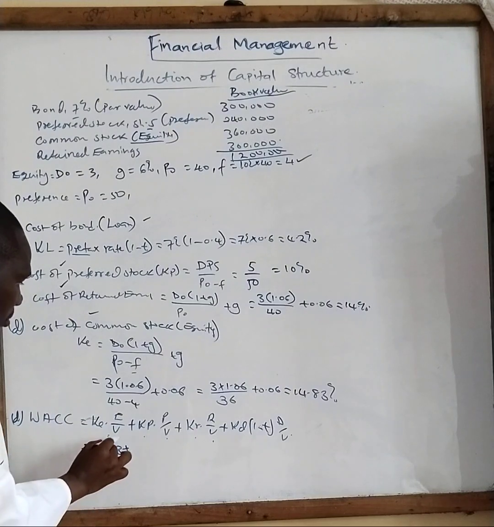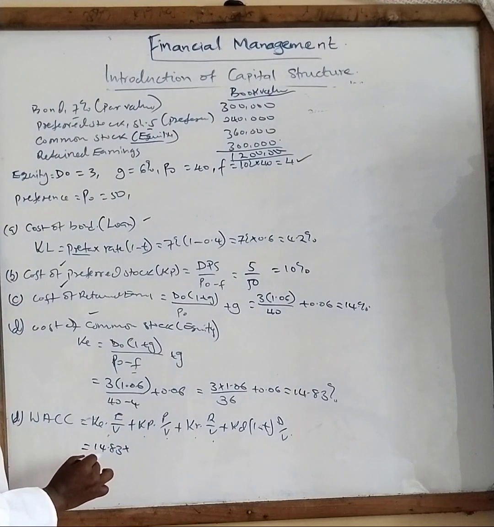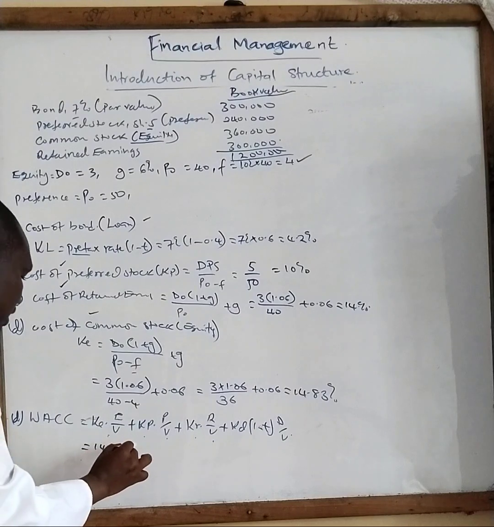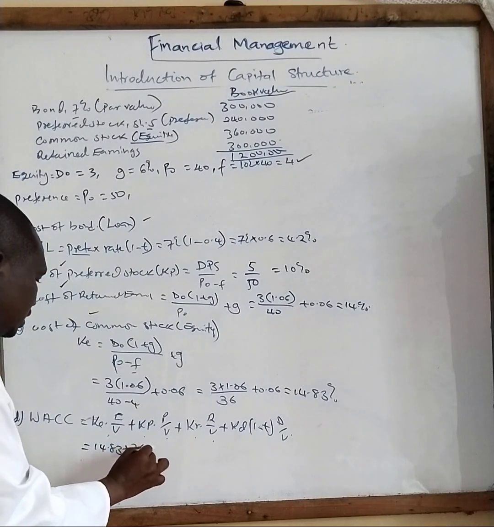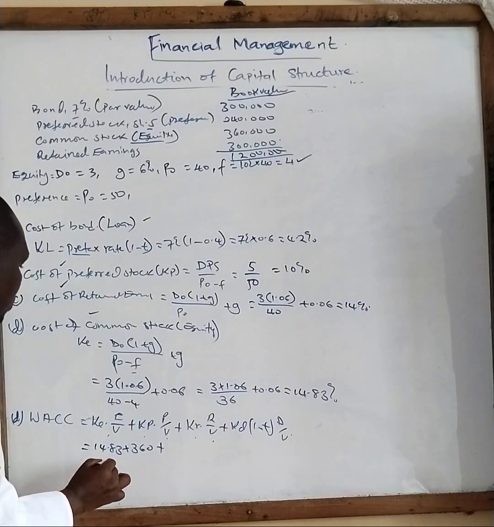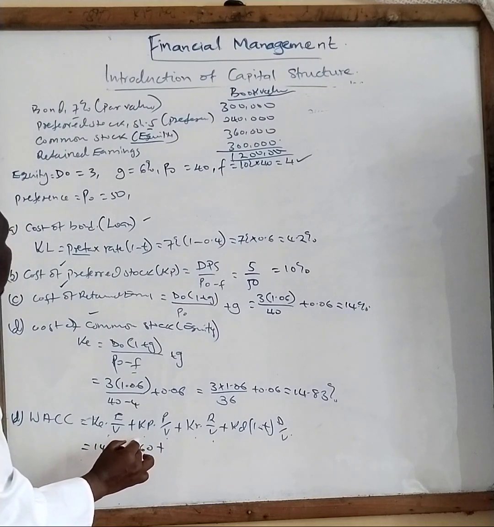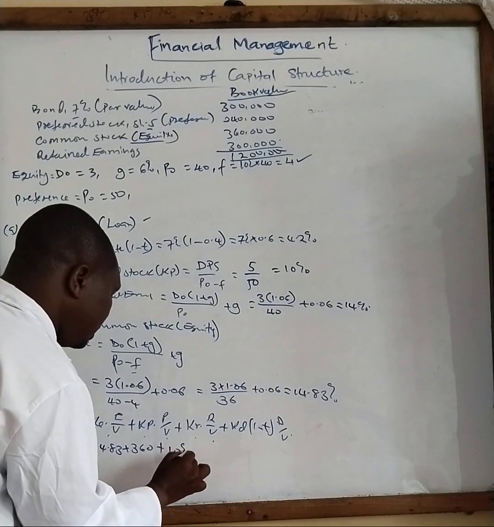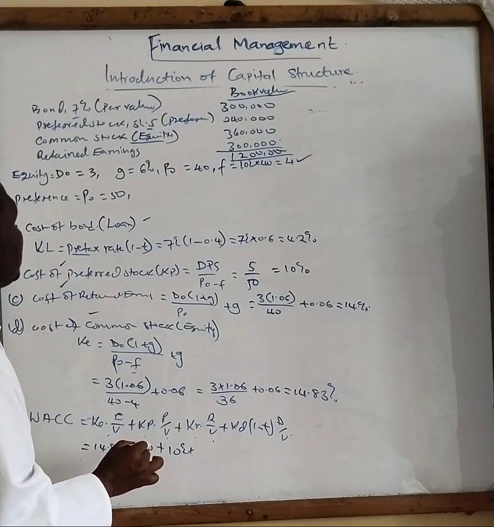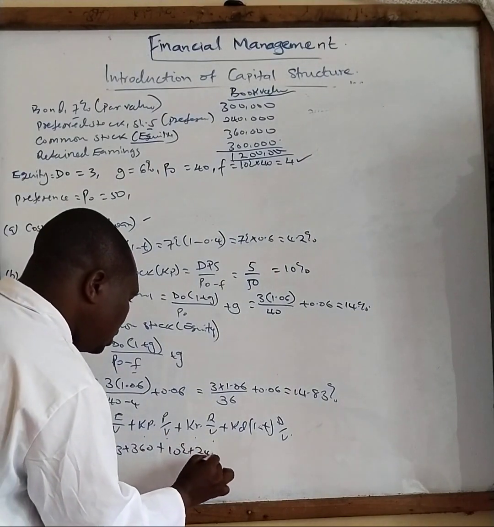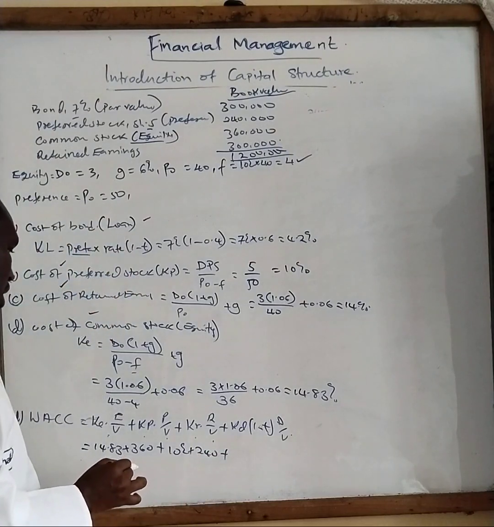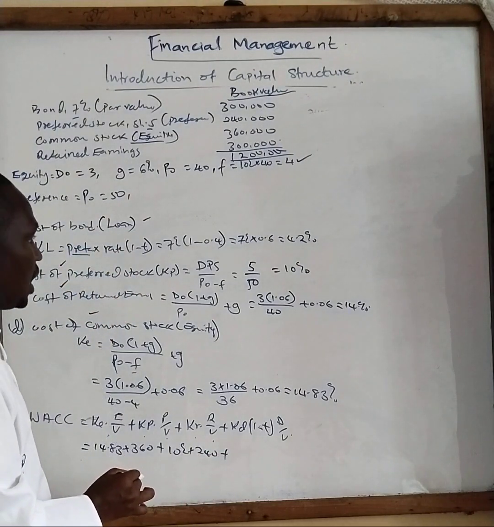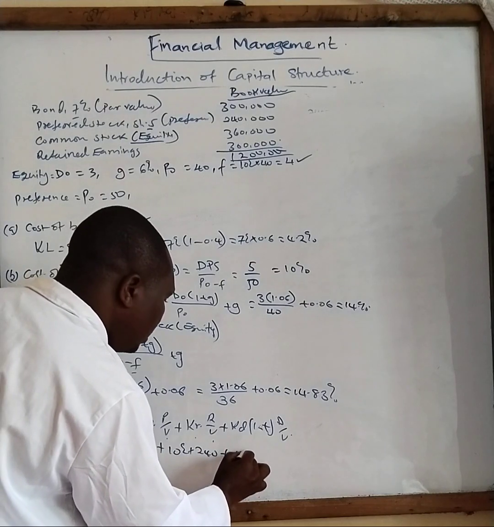So here I have to use the book value. It will be this times the book value for equity, which is 360, times 360, plus cost of preference. Cost of preference is found to be 10% times the book value of the preference, that is 240, plus cost of retained earnings. Cost of retained earnings is found to be 14%.